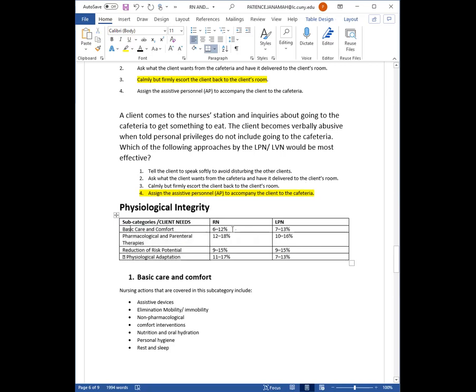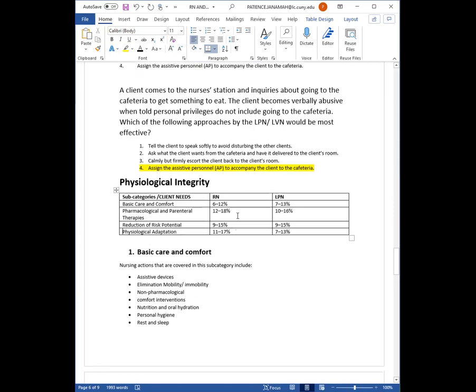Basic care and comfort: RN is 6 to 12, LPN is 7 to 13. Pharmacological and parenteral therapies: RN is 12 to 18, LPN is 10 to 16. Reduction of risk potential: RN is 9 to 15, LPN is 9 to 15, the same thing. Then physiologic adaptation: 11 to 17 for RN and 7 to 13 for LPN.